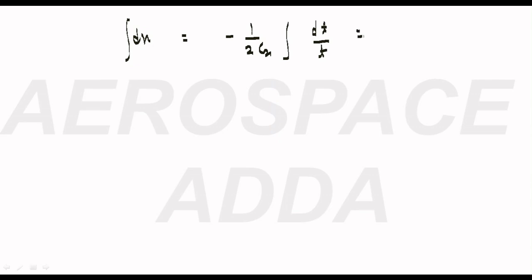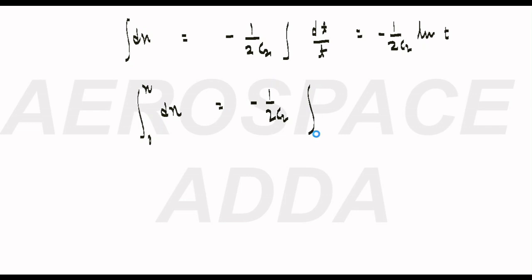Now you know very well, this is nothing but 1 by 2c2 ln t. Okay, ln t. Now onward, think about the limit. What was the limit? Because you were calculating the total distance, it is 0 to x for dx, 1 by 2c2, and the initial velocity.